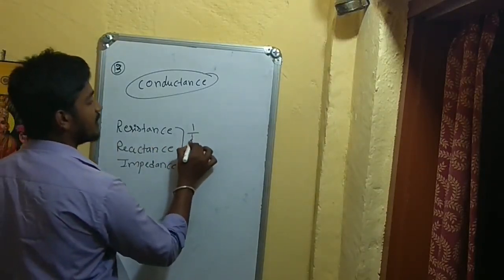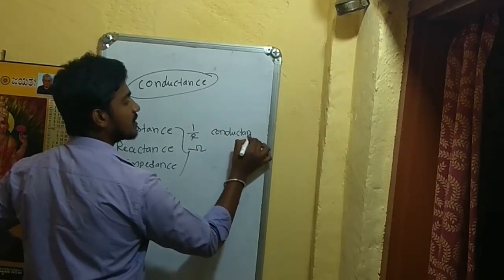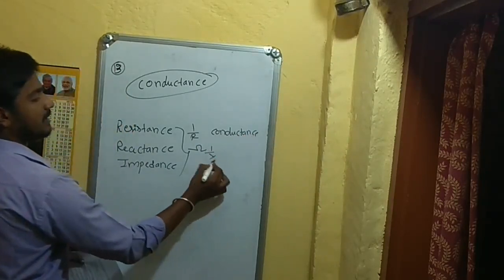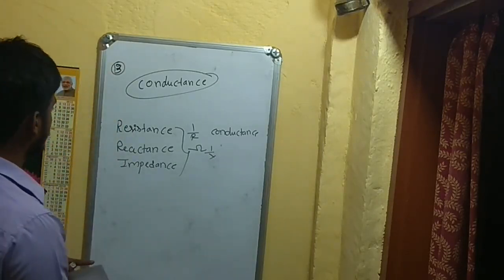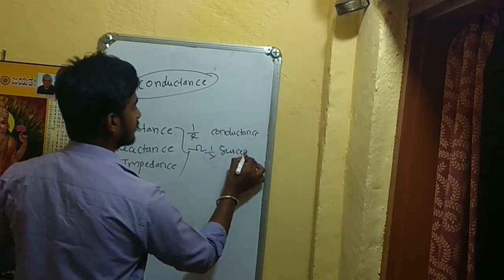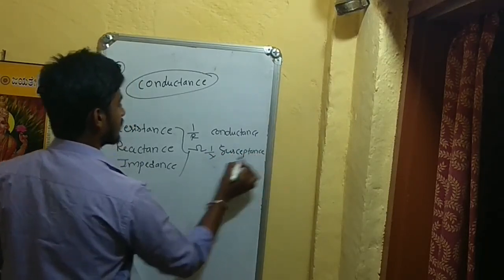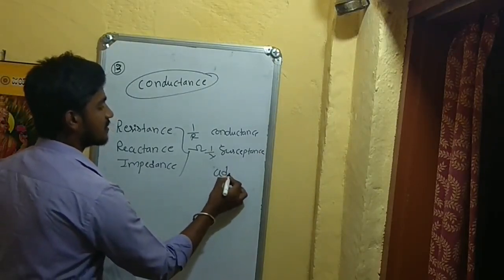1 by resistance will be conductance. 1 by reactance will be susceptance. 1 by impedance will be admittance.